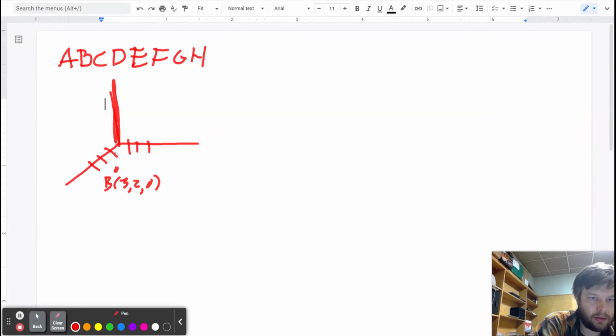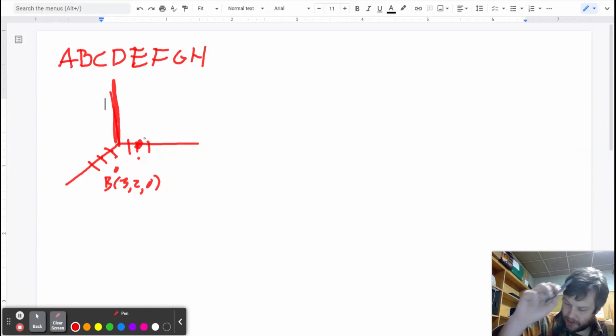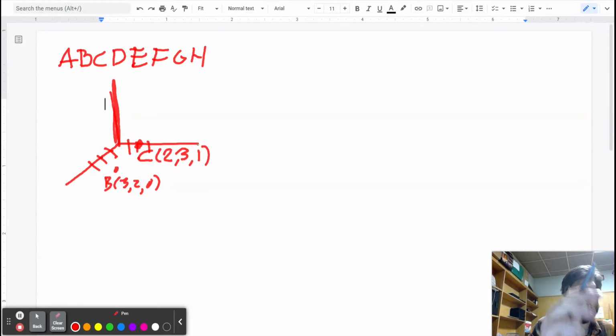So we'll go 2 steps, 1, 2, 3 steps, 1 step up. So I know it kind of looks like it's on the y axis. It's not. You just gotta use your imagination to see that that was actually 2 steps X, 3 steps Y, and then 1 step Z. It just visually is going to coincide with the axis there.